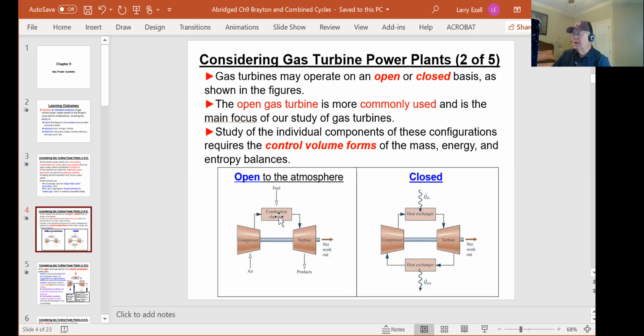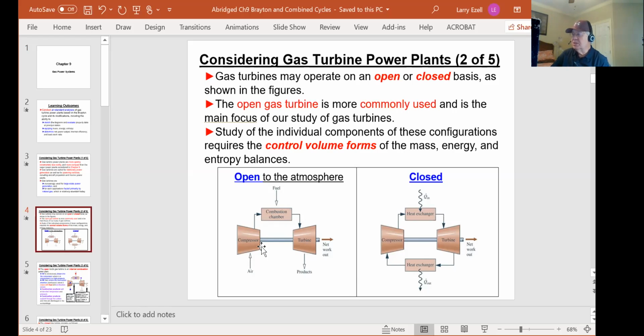And the amount of fuel compared with the air, the fuel-air ratio, is so low that we can still consider it an ideal gas, ideal gas air, even after it enters the turbine with the fuel exhaust mixed in with it, because there's so little that the ideal gas equations are still fine.